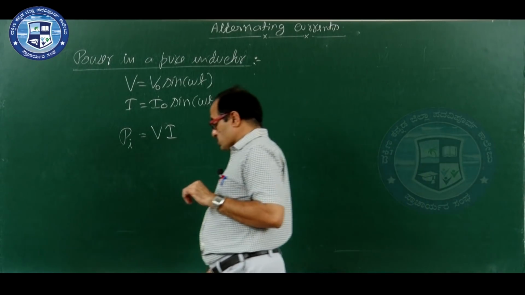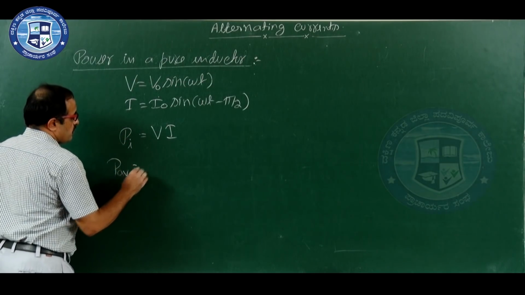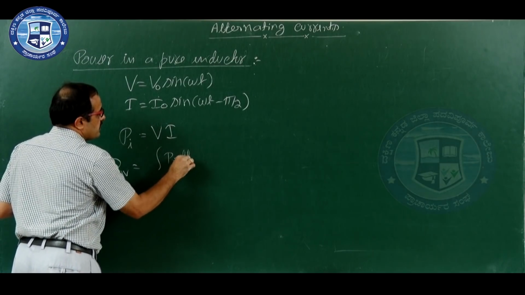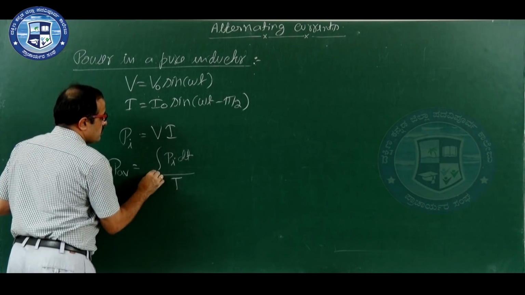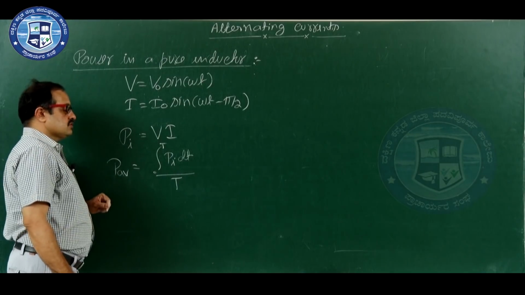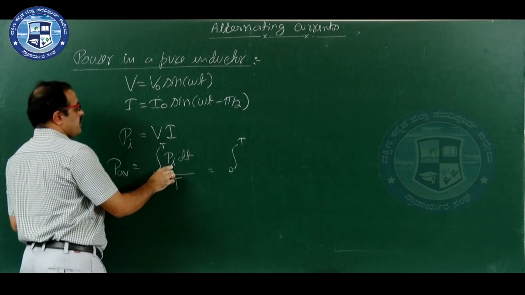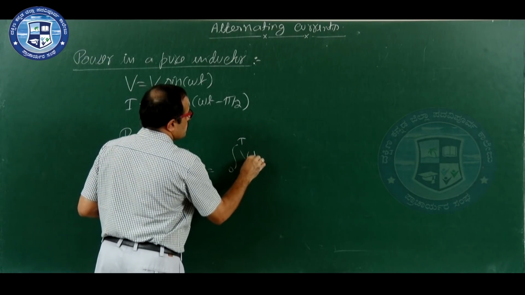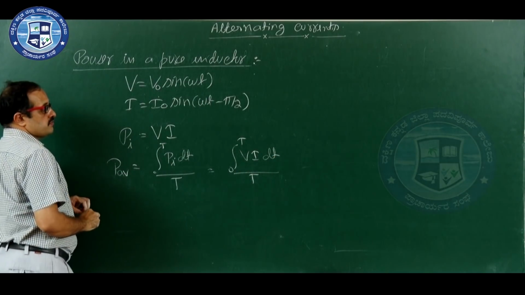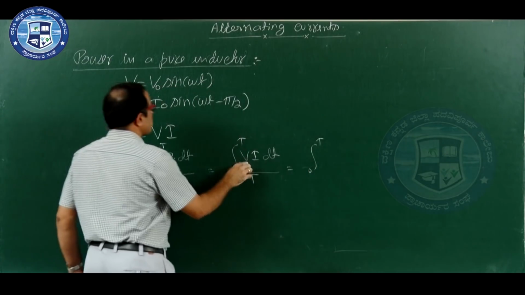So, P average is equal to the integration of P, that is V I dt, divided by T, from 0 to T. What is the equation for voltage?